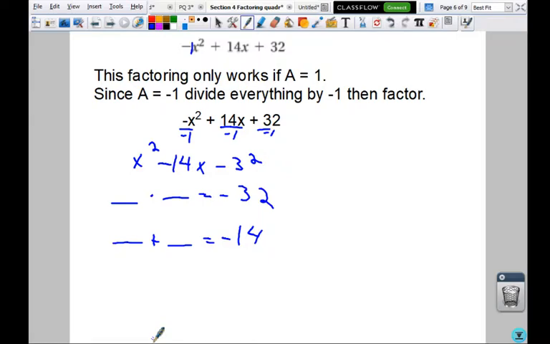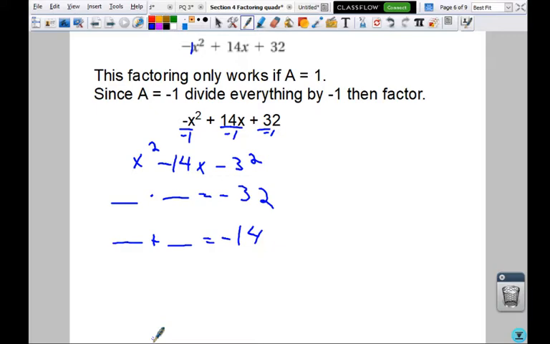Alright, Dazen, what times what is negative 32? But it also adds to negative 14? Wait, they're both negative.